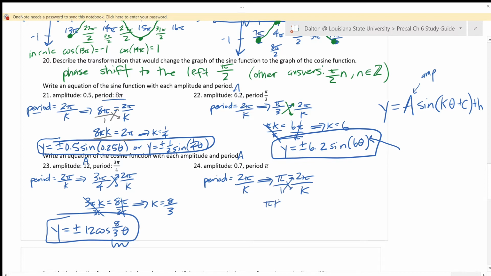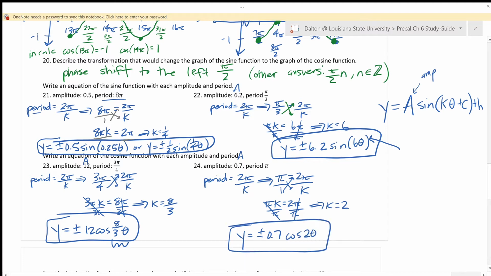You get pi k is equal to 2 pi, and then when you divide both sides by pi, you get k equals 2. Final answer, y is equal to amplitude plus or minus 0.7 times the cosine of 2 theta. So that concludes page 2.